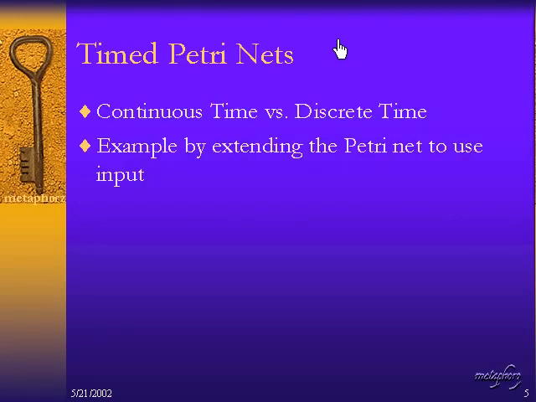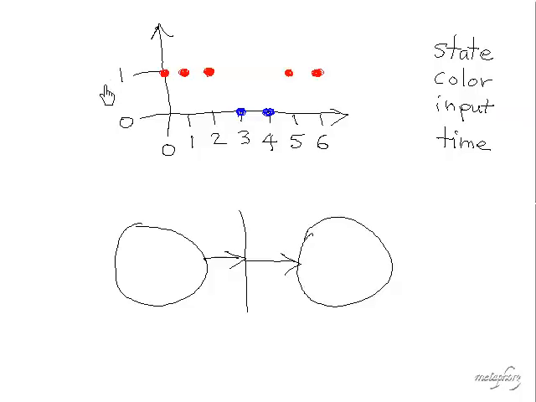Timed Petri nets, we can have continuous time versus discrete time, and now we'll go over an example to demonstrate timed Petri nets by also including the concept of input. Okay, let's take this example as a way to talk about 4 different concepts within Petri nets.